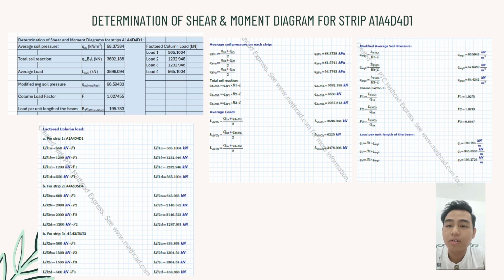For strip A1, A4, D4, D1, the first load is 565.1. The second load is 1232.95, and so is load 3, and load 4 is 565.1.